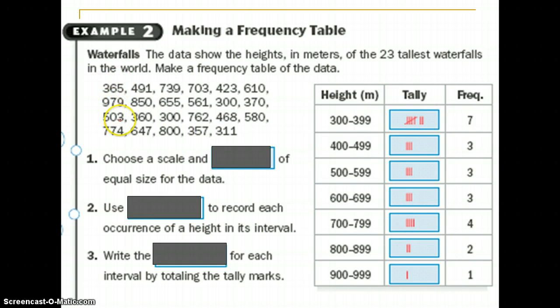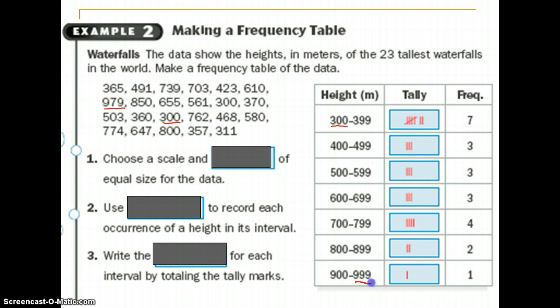If you look at your data that was collected, you can see that the smallest number is 300, where the highest number is 979. So our scale is going to be 300 to 999.